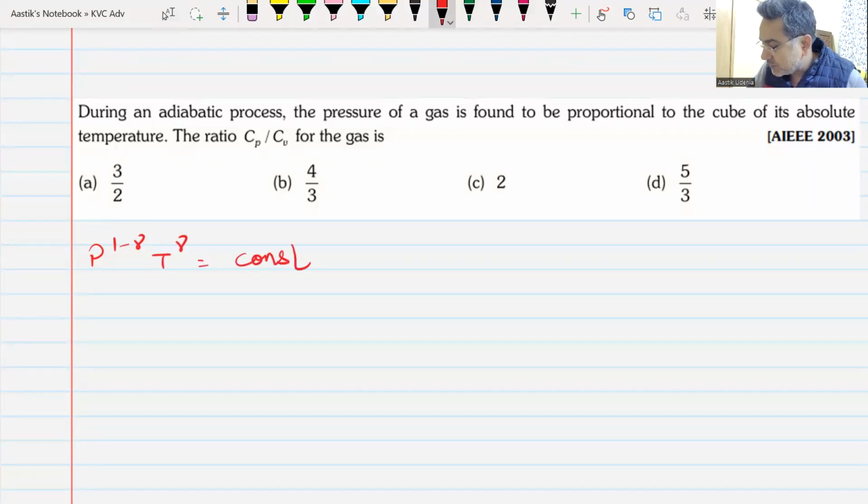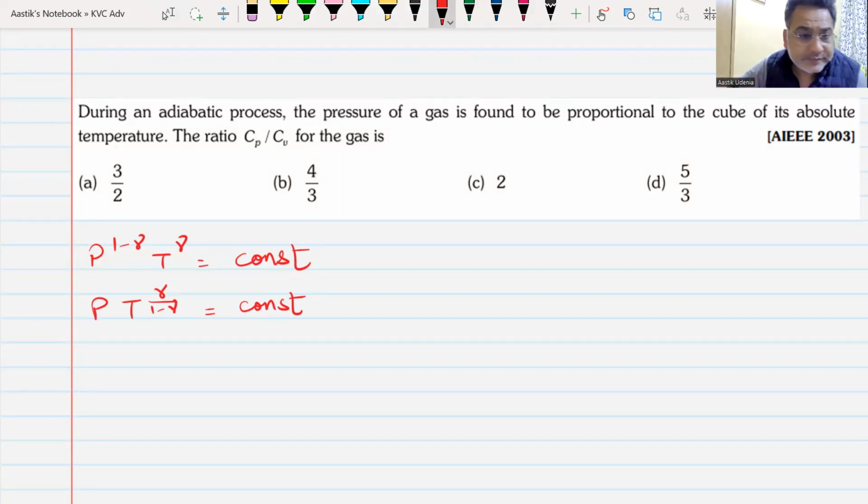So basically what you can write is P into T raised to the power gamma upon 1 minus gamma is a constant. Yes or no? Yes, sir.